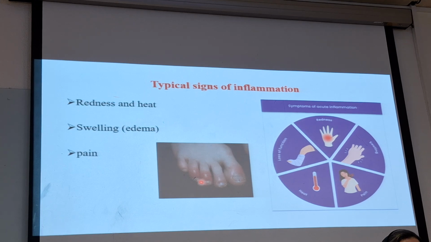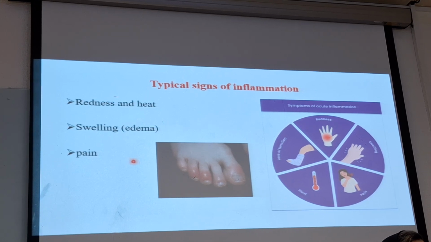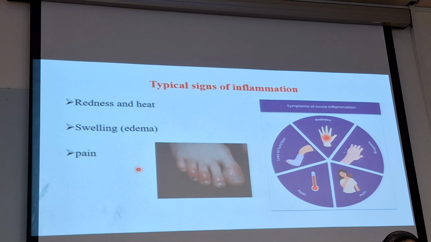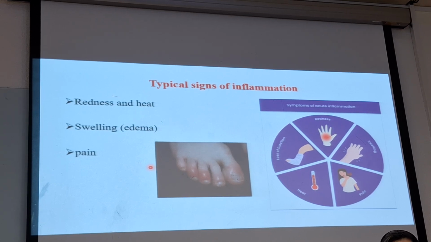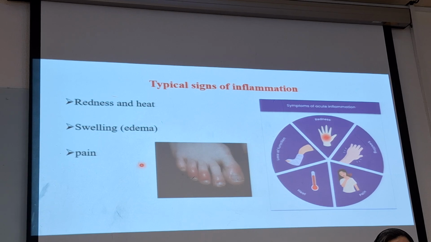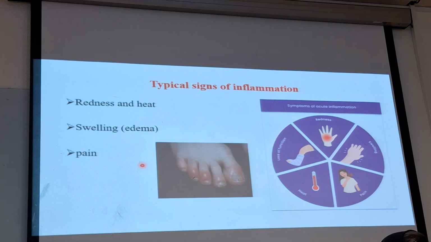Also, if the inflammation is severe, people usually experience pain because of some mediators like prostaglandin, eicosanoids, and similar molecules produced by immune cells at the site of inflammation after recruitment to the site of infection.